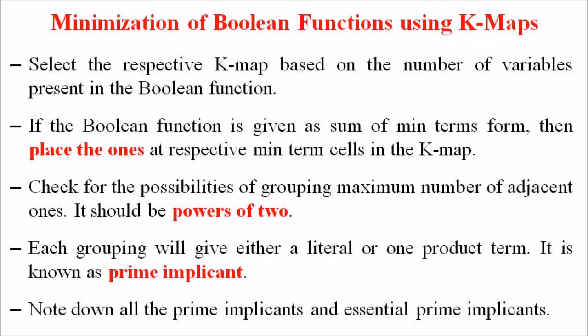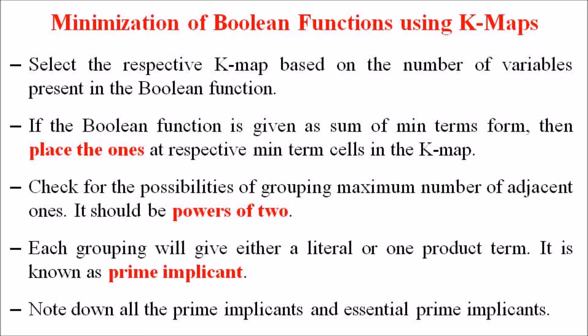Here, while considering this set of rules, there are two notes to be considered. Note number 1: if the outputs are not defined for some combination of inputs, then those output values will be represented with the don't care symbol X. That means we can consider them as either 0 or 1.